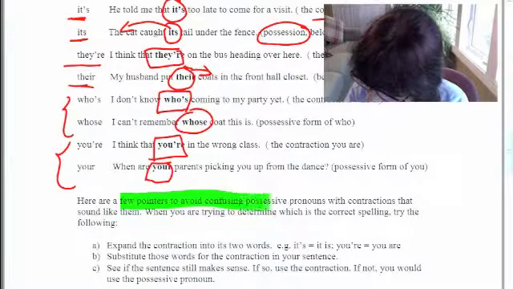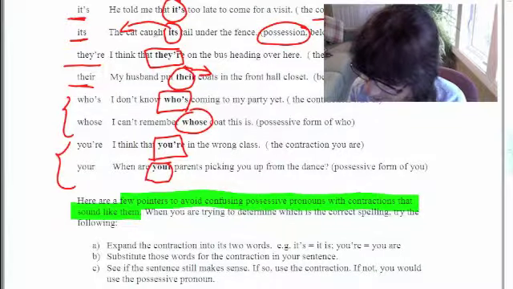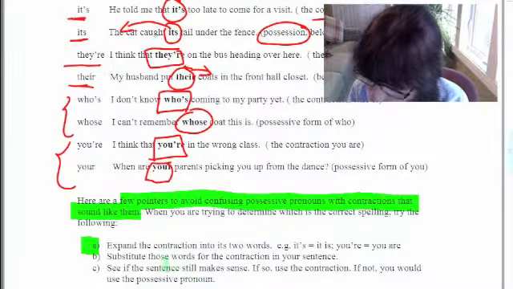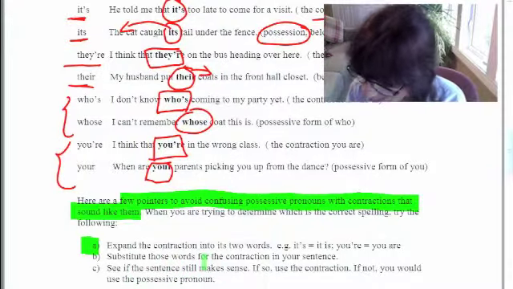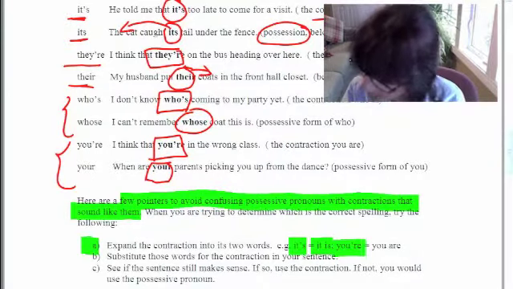So here are a few pointers to avoid confusing possessive pronouns with contractions that sound like them. And I've given you three pointers. The first thing I would like you to do is, when you have a sentence, expand the contraction that's in the sentence into two words. So if you see it apostrophe s, expand it to it is.